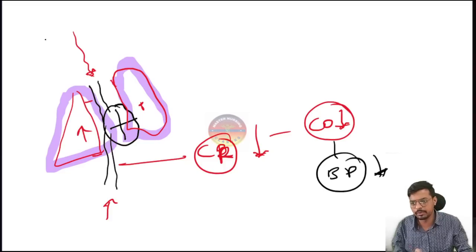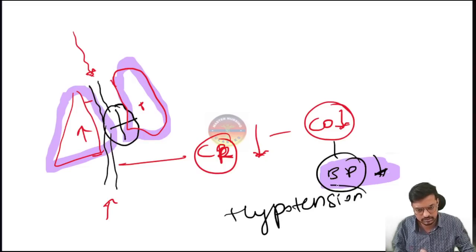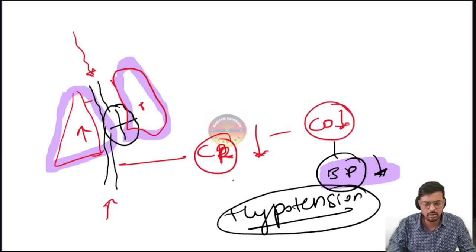So the question is whether it is hypertension. What happens as a mechanical ventilation complication is hypotension, right? Decreased blood pressure we call hypotension. And one more very important thing: whether weight gain or weight decrease happens in the mechanically ventilated patient. Weight gain happens.